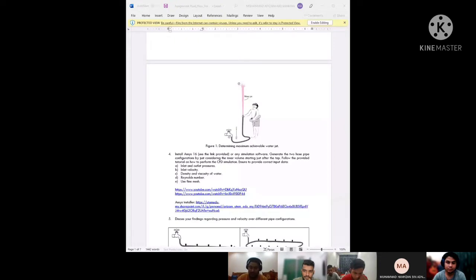For me, this is very cheap because in our group we have around 5 members. So 20 divided by 5 is around 4 ringgit.